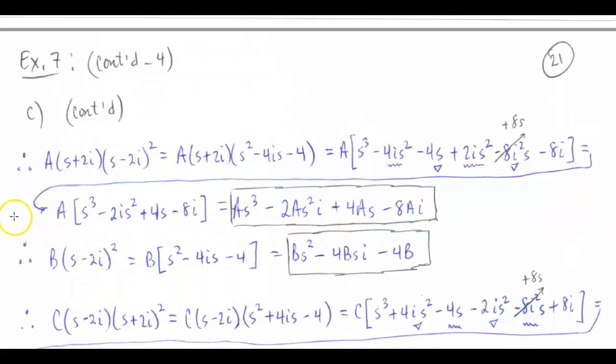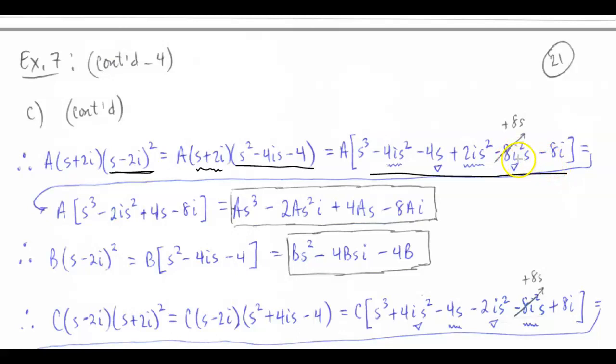So for the first term, A times s plus 2i times s minus 2i quantity squared, I'll handle the square first, which is going to be s squared minus 4is minus 4 when I FOIL it out. Then, of course, take that and multiply it times the s plus 2i, and I get this expression here.